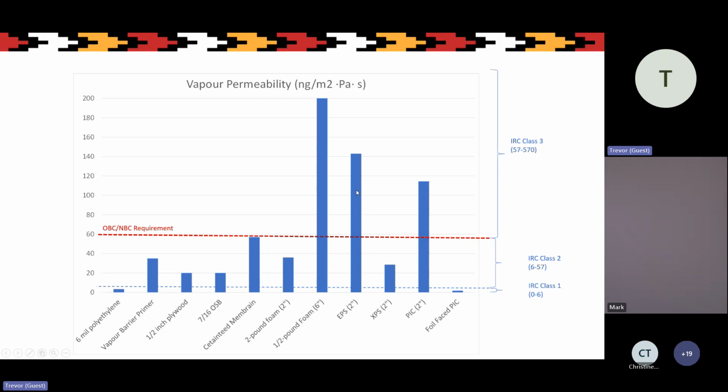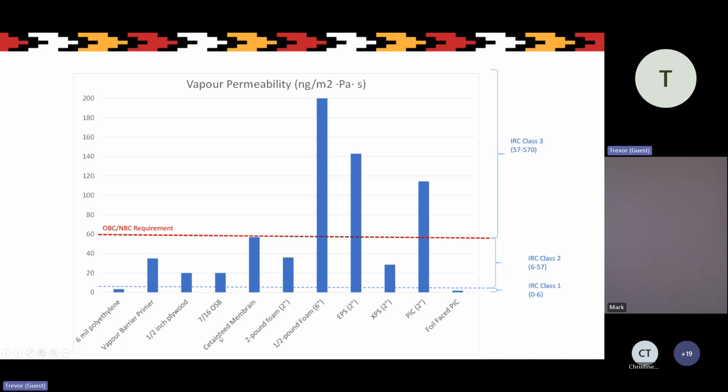EPS, so expanded polystyrene foam board insulation, is quite a bit above that level at 2 inches. Whereas XPS, extruded polystyrene at 2 inches, is significantly below. Polyiso, which is another board insulation, is above, but it usually has a foil facer. So this foil faced version of polyiso would be well below.